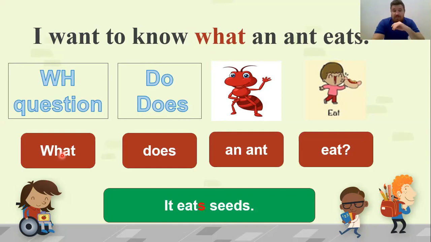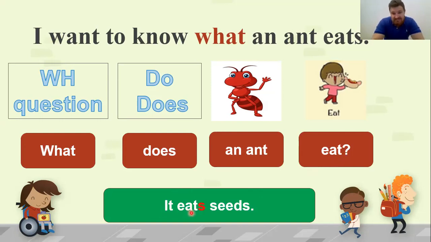All right, remember when we answer and we use it or an ant or a spider, the verb must have the S. Remember, students, when we make the question, when the verb is in the question, we don't have an S. But when we answer, if there's only one, like it or an ant or a spider, then we add S or ES to the verb.